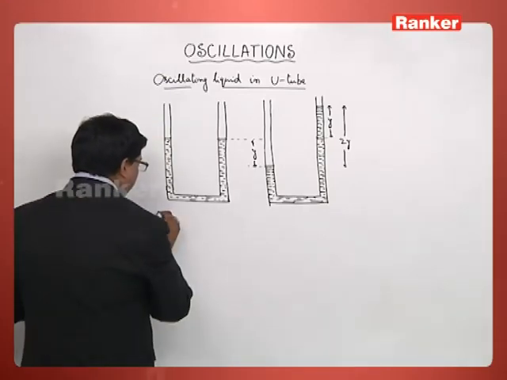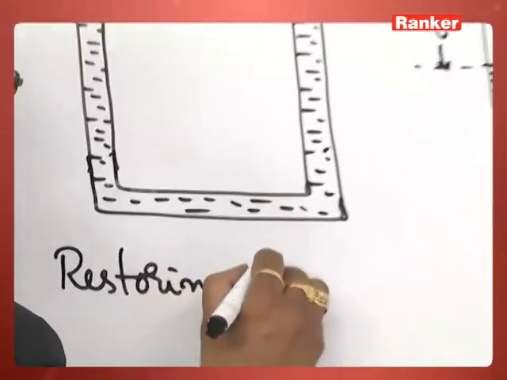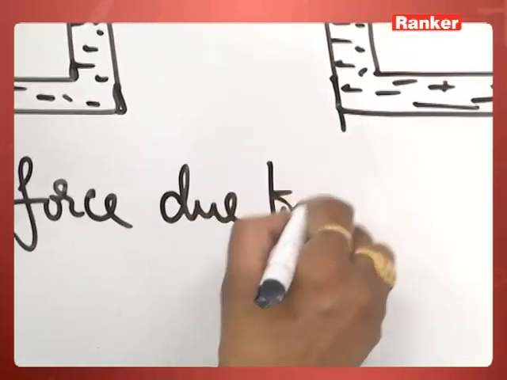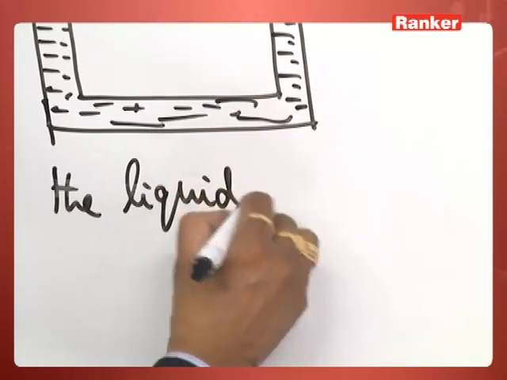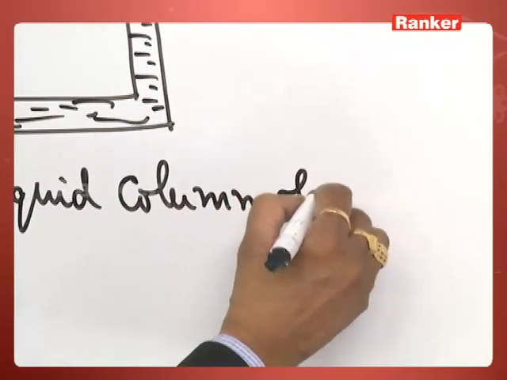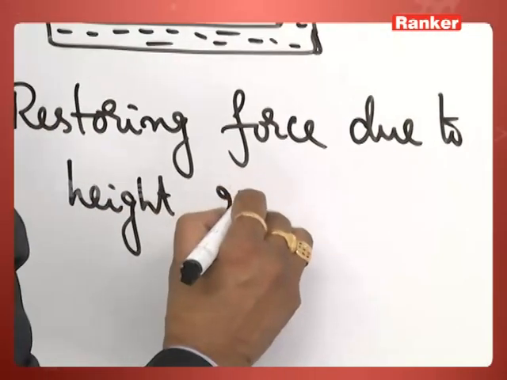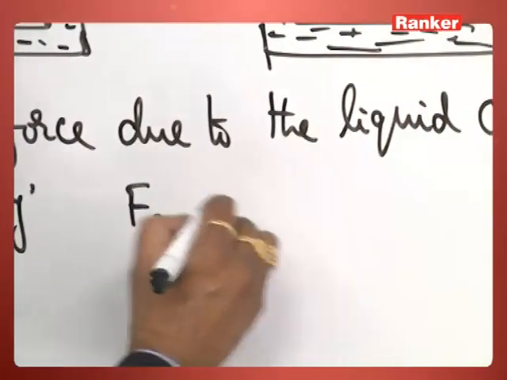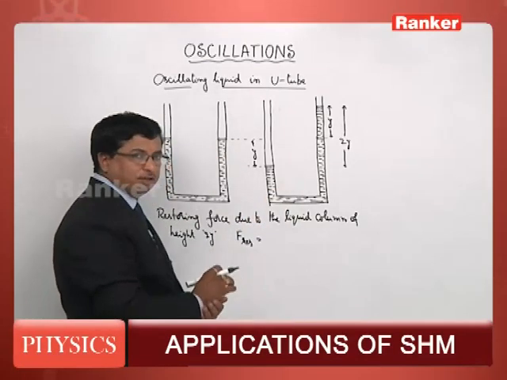The restoring force due to the liquid column of height 2y can be written as pressure into area of cross section.